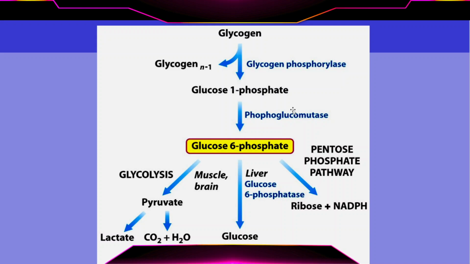So you have the glycolytic pathway, you have the pentose phosphate pathway, and all these other pathways that we'll talk about in the future. But it all starts with glycogen phosphorylase releasing one glucose molecule from glycogen. How does it do that? We'll talk about it in a minute.